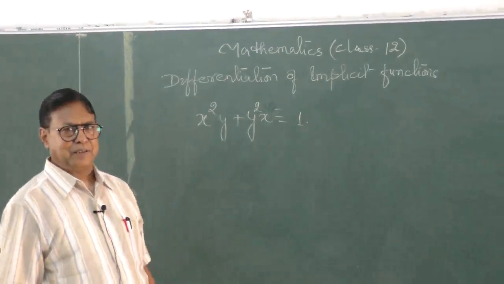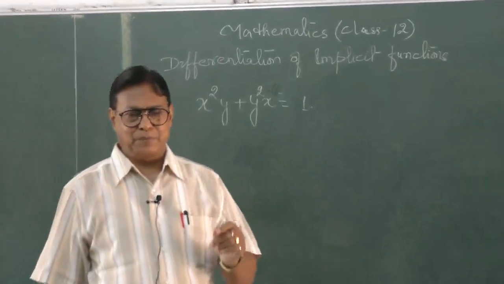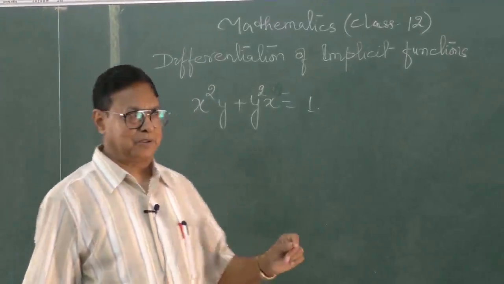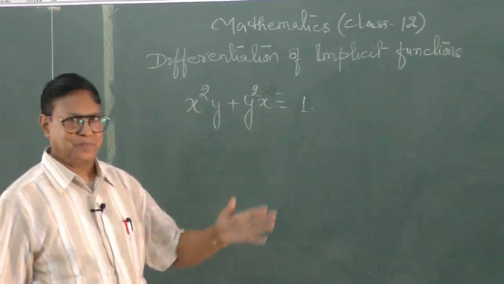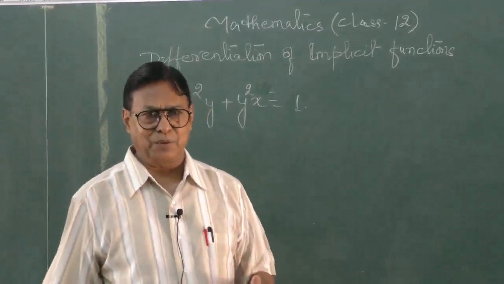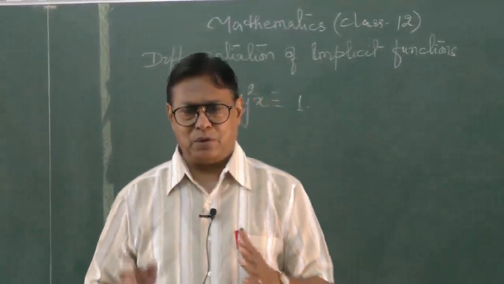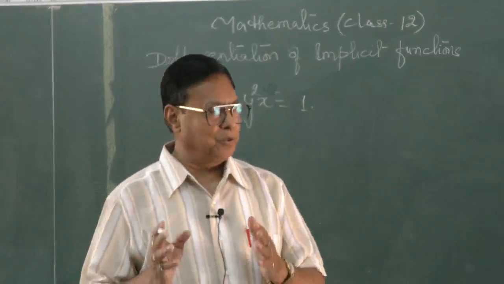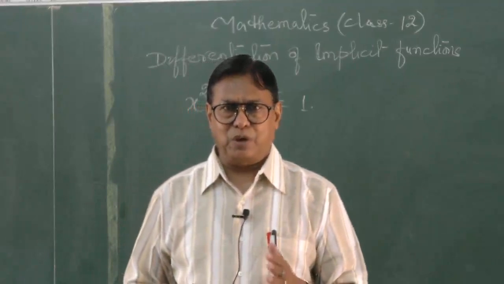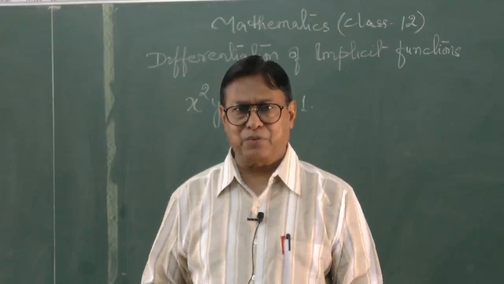Now, making y the subject of the formula will be difficult because it will go on to a quadratic equation. If the function is such that y cannot be segregated, y cannot be brought to one side, we call the function an implicit function.